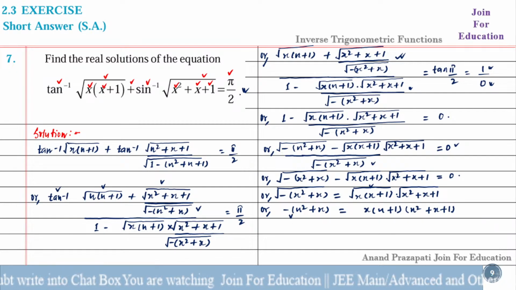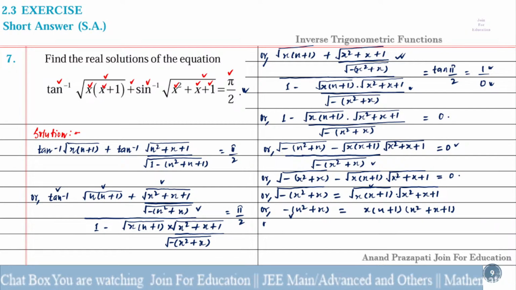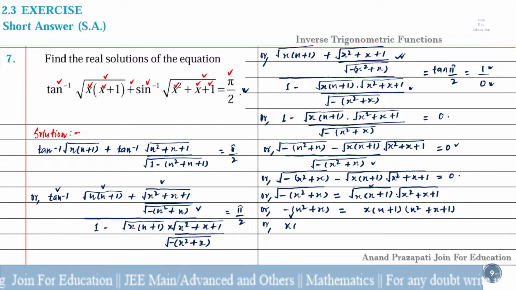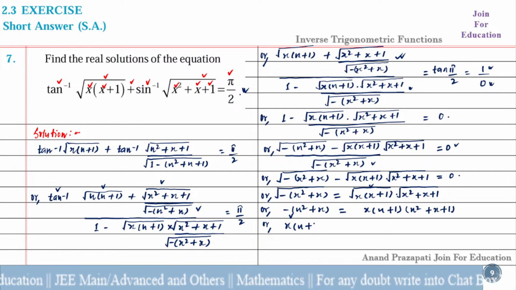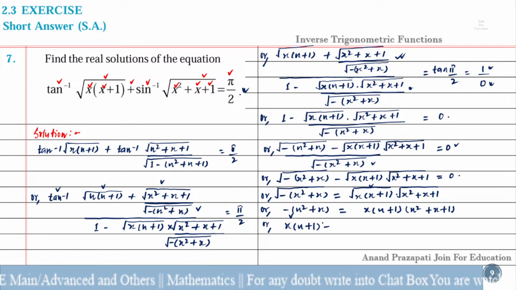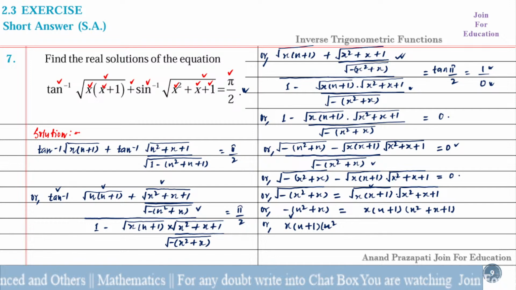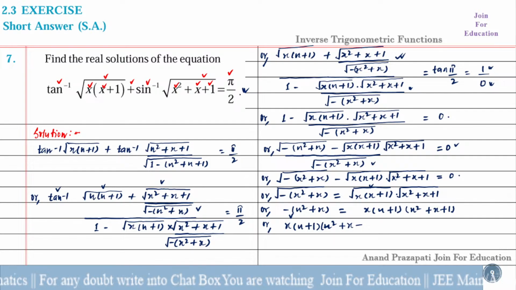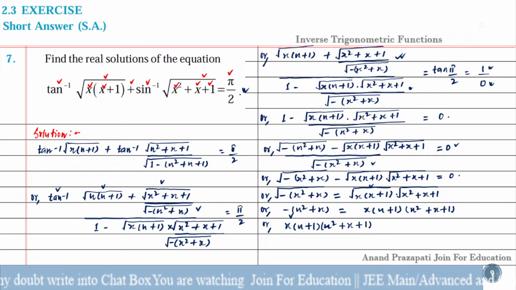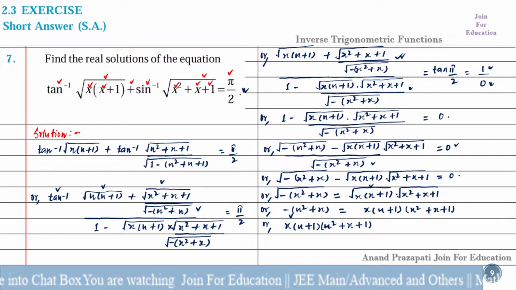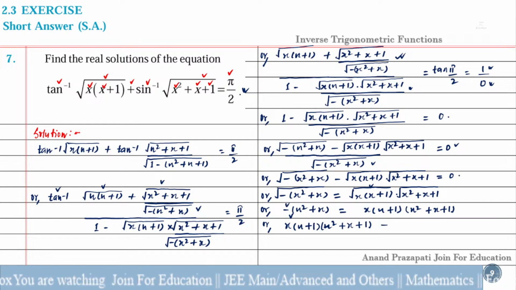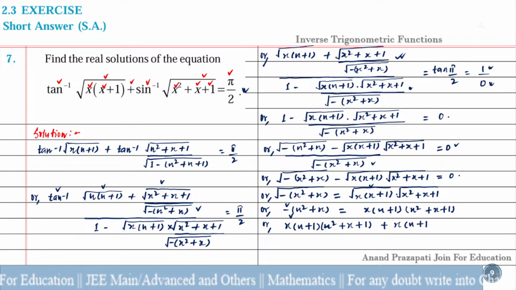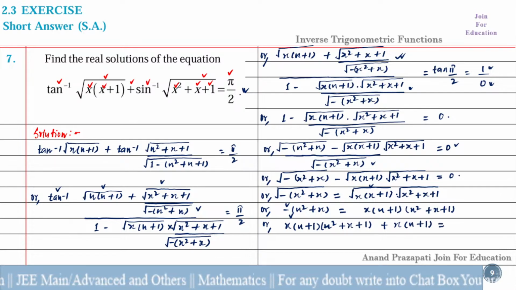When this one move in the right hand side, then we get here x into (x plus 1) into (x square plus x plus 1), and when this one move in the right hand side, then we get plus x into (x plus 1) equal to 0.